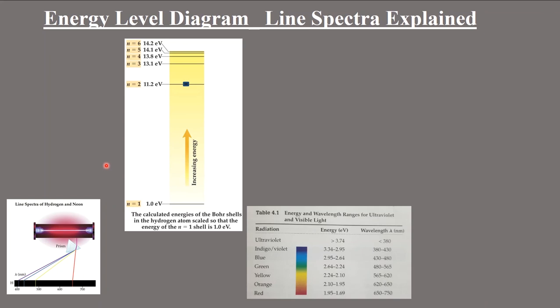Let's see relaxation and emission of light in hydrogen. When an excited hydrogen atom relaxes from the second shell to the ground state, the energy of the electron goes from 11.2 to 1.0 electron volt, meaning that the electron loses 10.2 electron volt of energy. This energy is released as light with a wavelength corresponding to an energy of 10.2 electron volt.